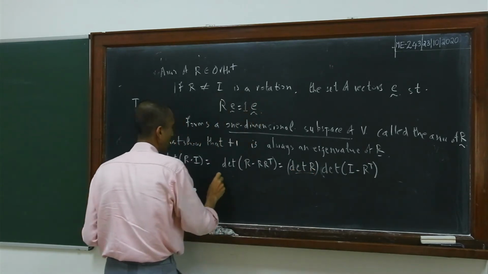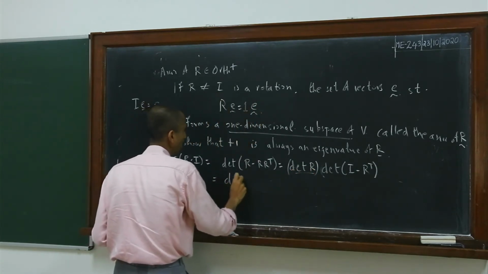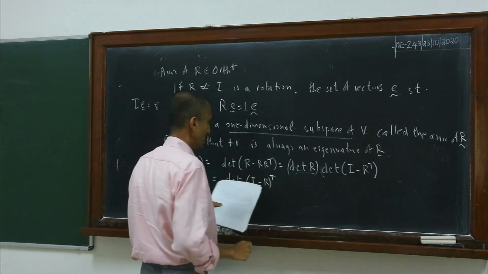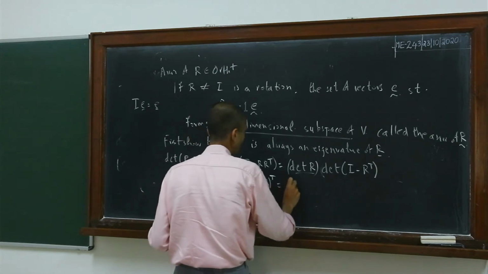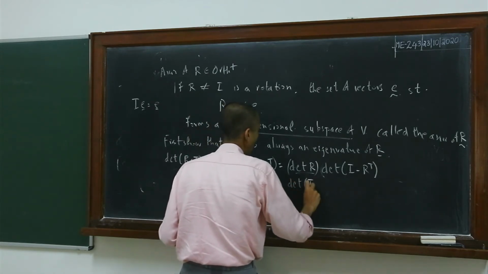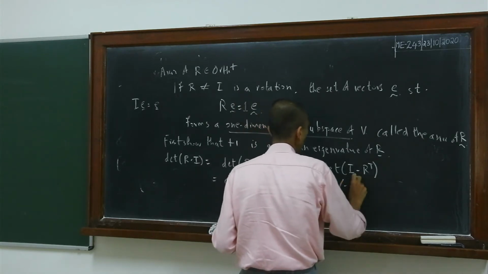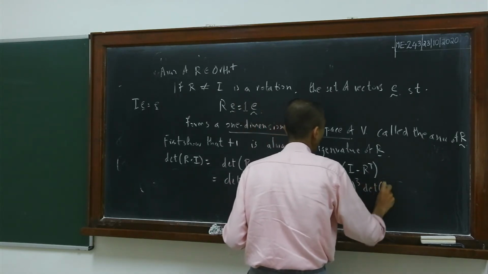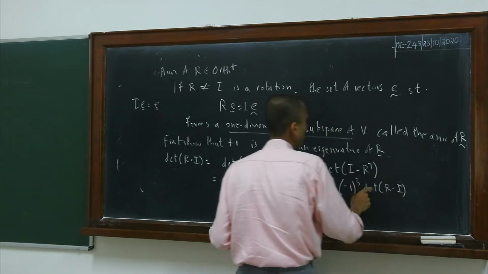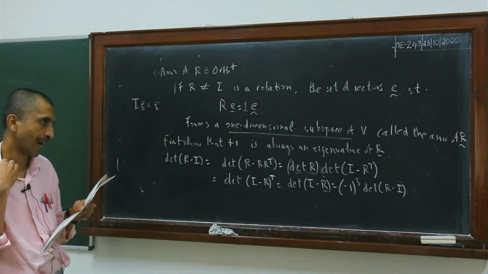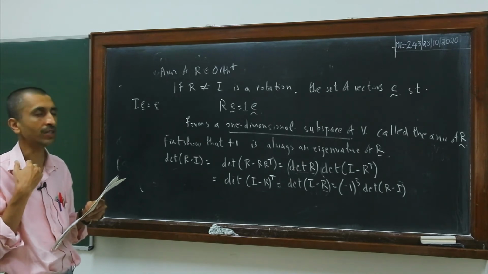So I can eliminate this, and then this is determinant of I minus R, the whole transpose, which is equal to determinant of I minus R, which is equal to (-1) cubed times determinant of R minus I. I am using the result that determinant of lambda T is lambda cubed times determinant of T, because the underlying space is 3-dimensional.